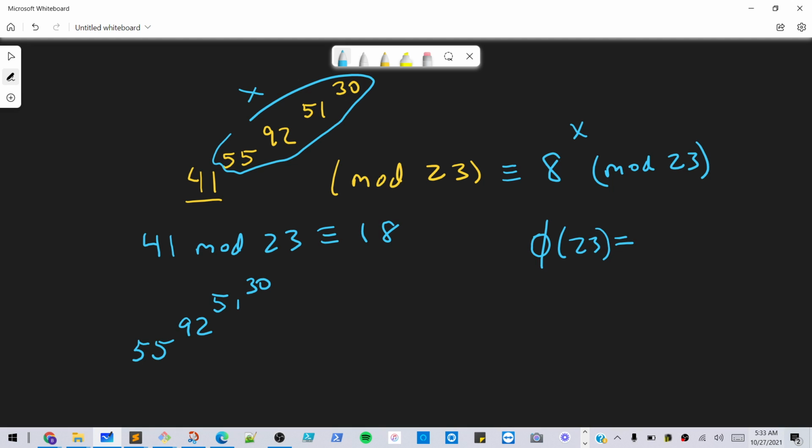In the case of a prime, 23 is a prime, it's just that prime minus 1. So we can look at this exponent, our x, mod 22. Euler's generalization of Fermat's little theorem allows us to always look at the exponent mod the totient function. So it gives us a way to reduce these exponents.